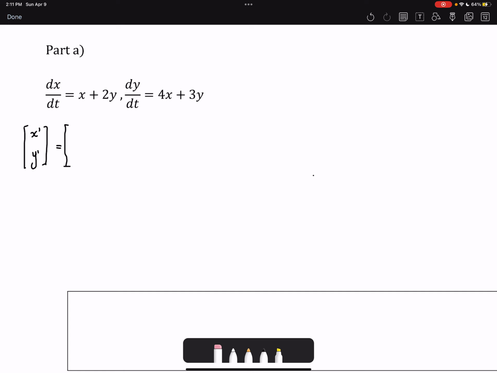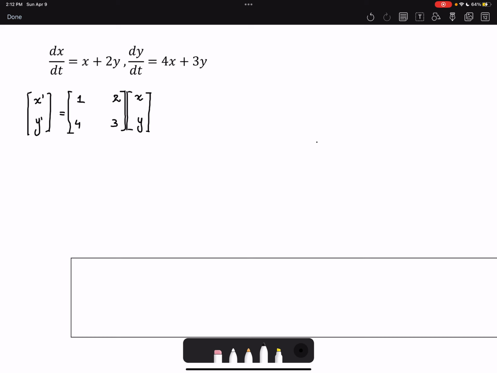So if I want to write it in matrix form, I see that the x coefficient is 1 and the y coefficient is 2 for this top equation. And then for the bottom, it's 4 and 3. Then I write here x and y. Now what I do is I try to solve it.